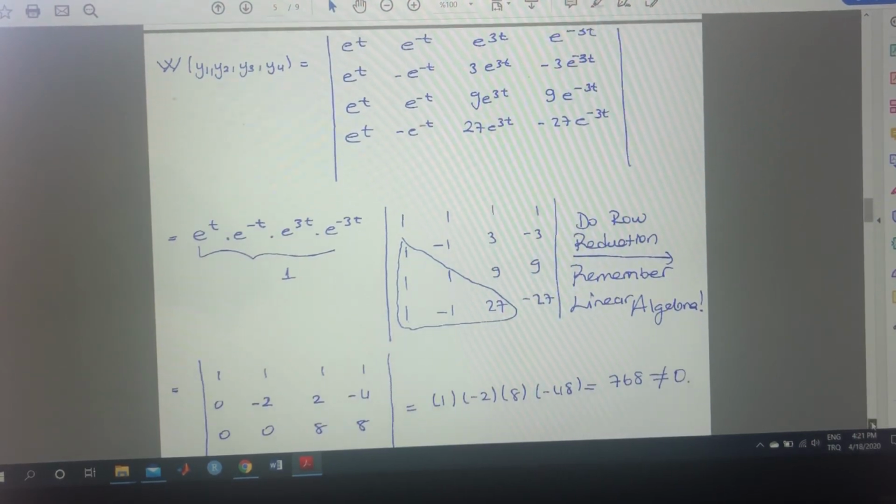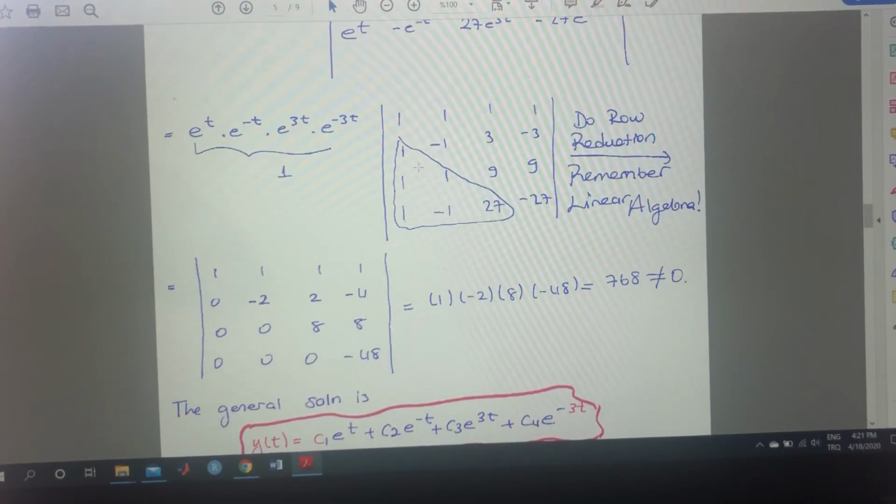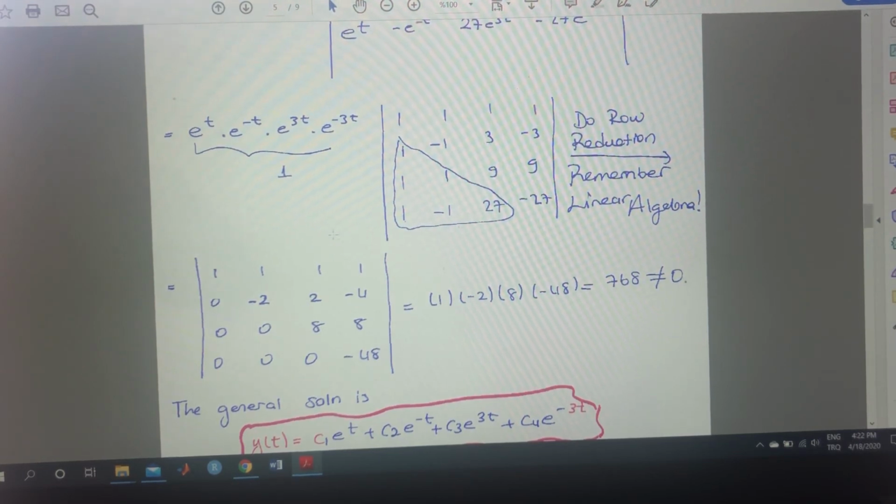And from here, to be able to get the determinant, we can do the row operations, and we need to make this part 0. Remember that we have been doing this in linear algebra. So to make this one 0, you multiply the first row by -1 and add it to the second, and you need to do all these row operations in here, and this is what you will get at the end.